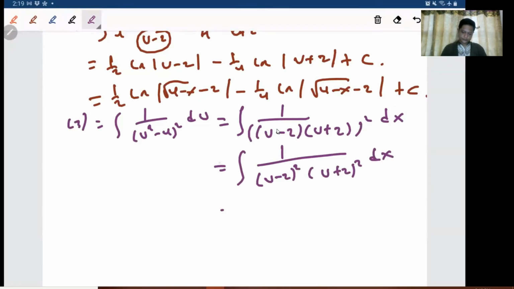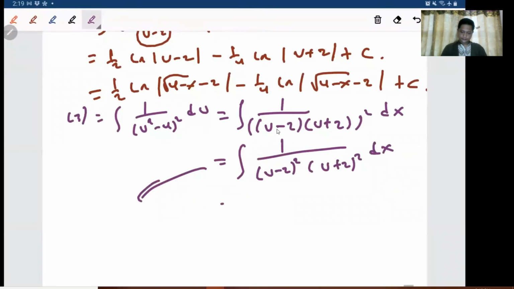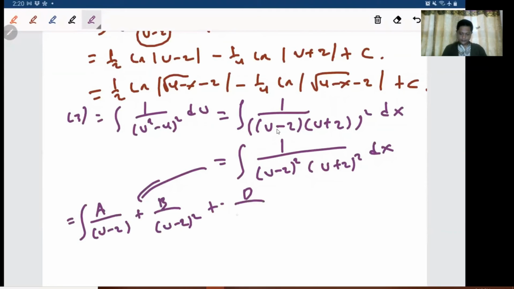So I should do it like this. I have a power of 2, but the degree is 1. So I have to equate it with this kind of form: a over u minus 2 plus b over u minus 2 squared plus d over u plus 2 plus e over u plus 2 squared du.